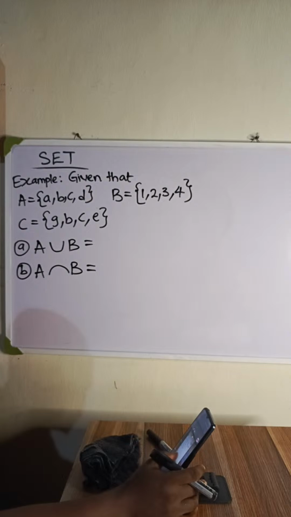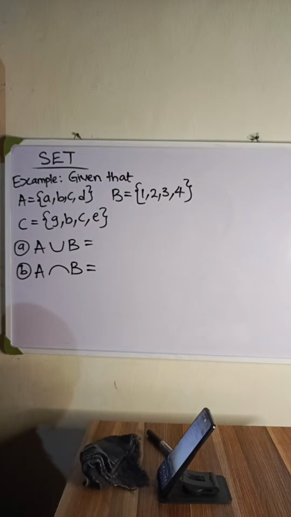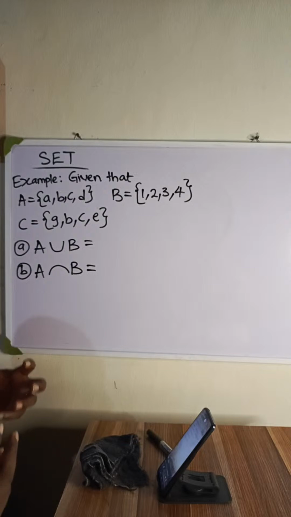Let me see on TikTok if anybody has given us an answer. It's still empty. For union, union means write each of the elements at least once.